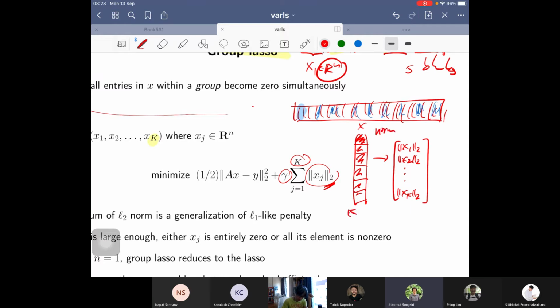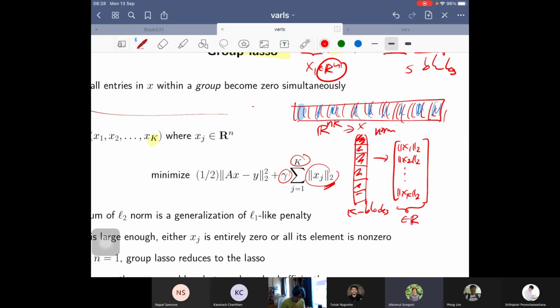So if you have K blocks, the whole vector is a vector in R^(n times K). Now, the two norms of the blocks in X, you concatenate them as another vector.